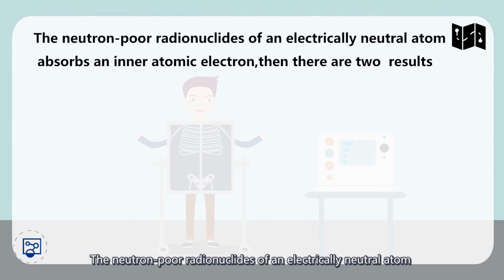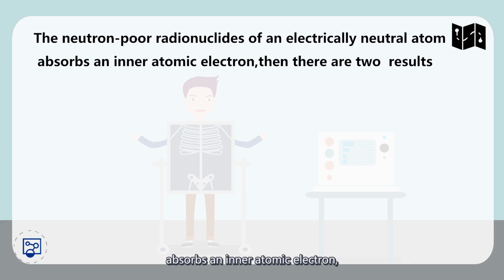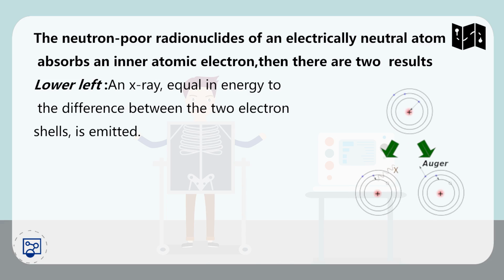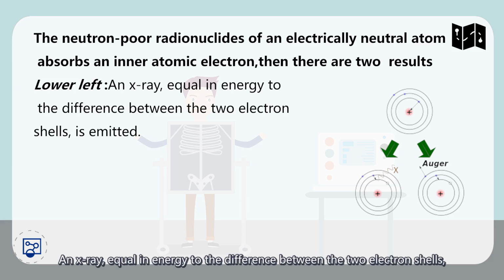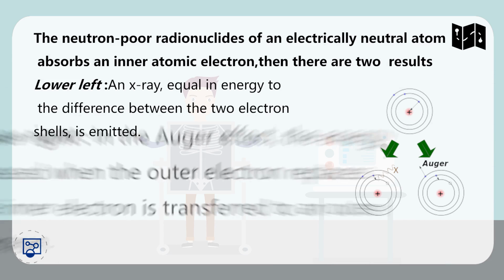The neutron-poor radionuclide of an electrically neutral atom absorbs an inner atomic electron. Then there are 2 results. The first result is shown in the lower left of this picture. You can see an outer electron replaces the missing electron. An X-ray equal in energy to the difference between the 2 electron shells is emitted.